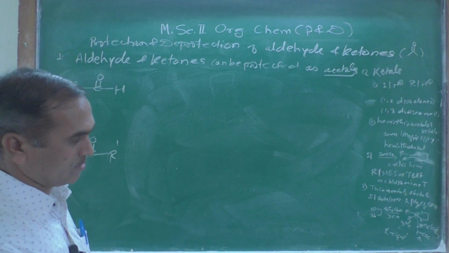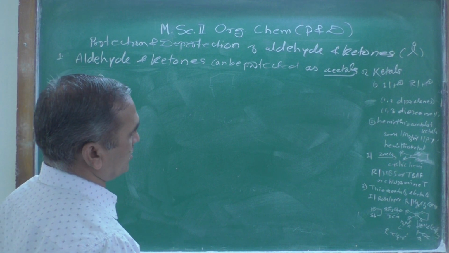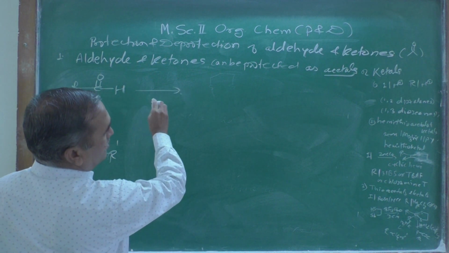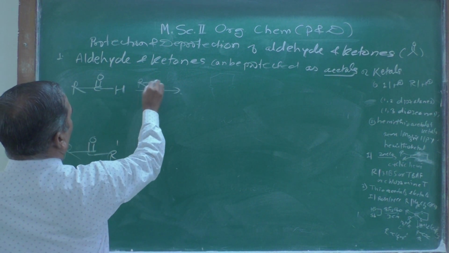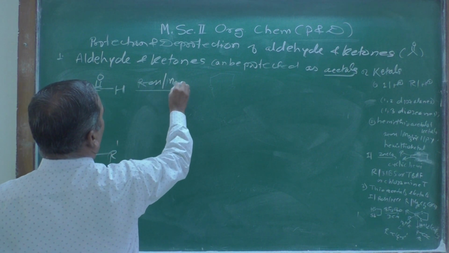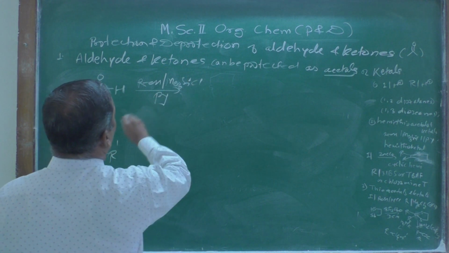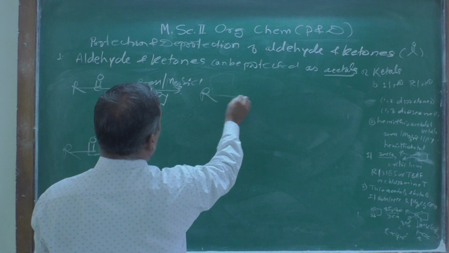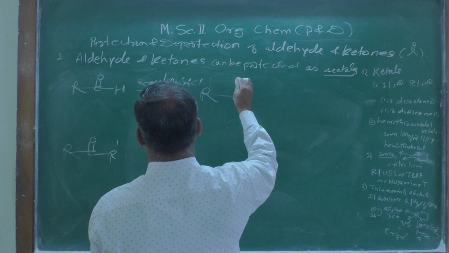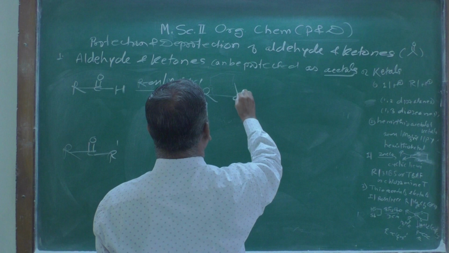And when this hemithioacetal, how can hemithioacetal be formed? By using a reagent like alcohol in presence of, as you know, trimethylsilyl chloride in presence of pyridine, the resulting compound obtained is a hemithioacetal like this.